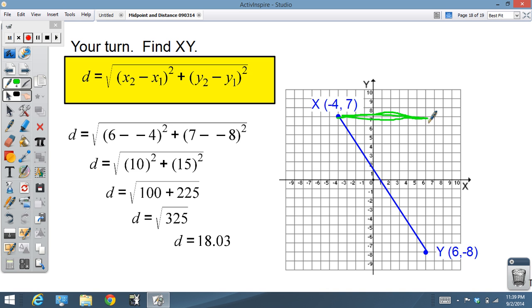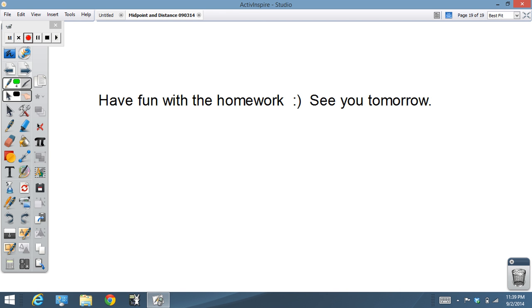And 7 minus -8 gives you the distance from here. 10 squared plus 15 squared, 100 plus 225, 325. Take the square root. You find out our distance here, 18.03. Cool? Cool.